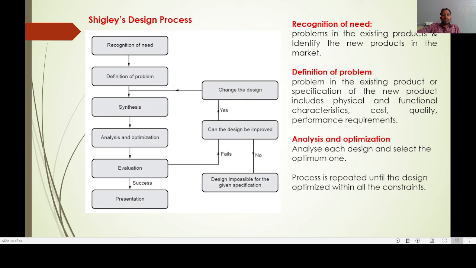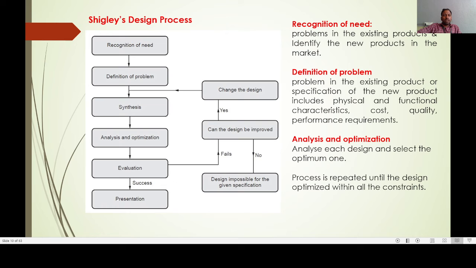In recognition of need, we need to do a market survey regarding that product, which is the existing product, and which will come as the new product. Next is definition of the problem. What is the problem in the existing product? Is there any new product similar to it?